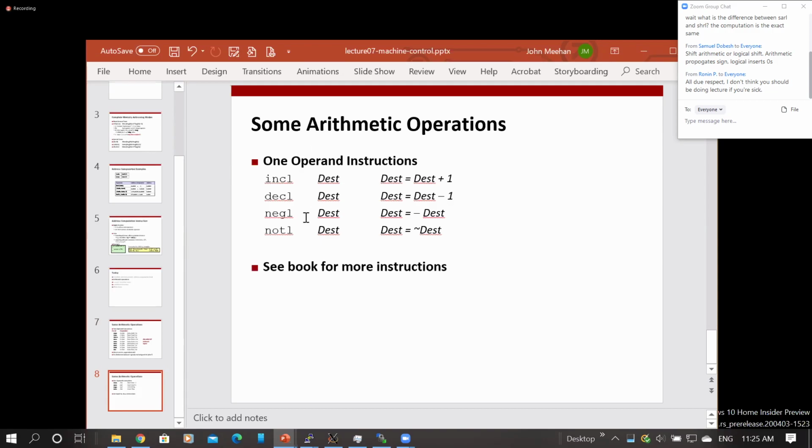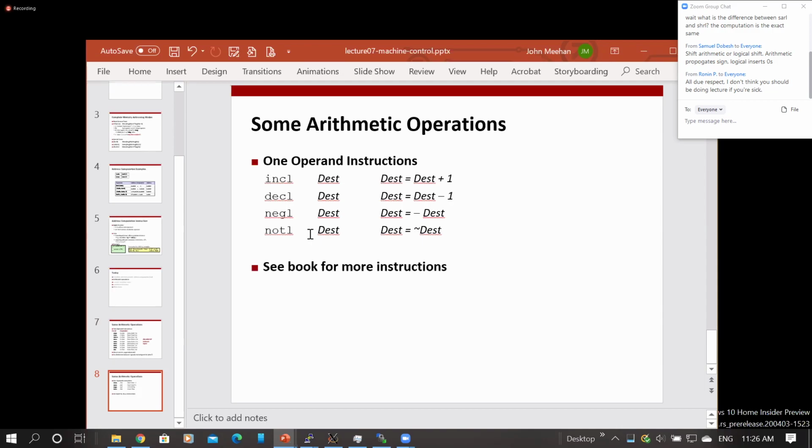And so then we have the arithmetic negation, which is negate, neg, and then the bit level thing we've been using to flip all the bits is the not, right?